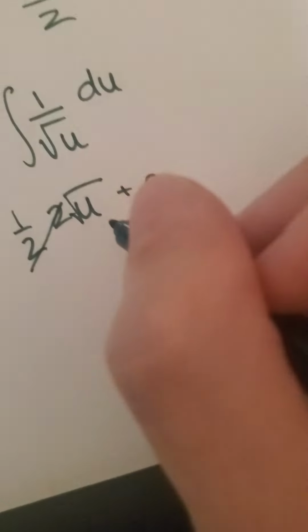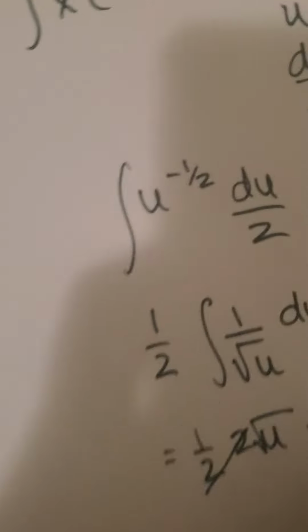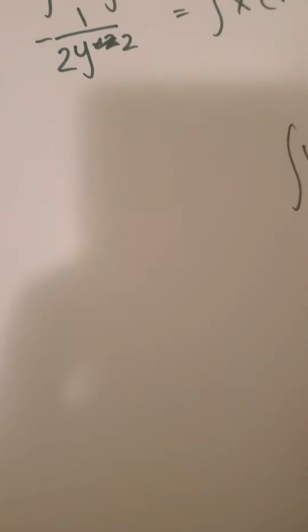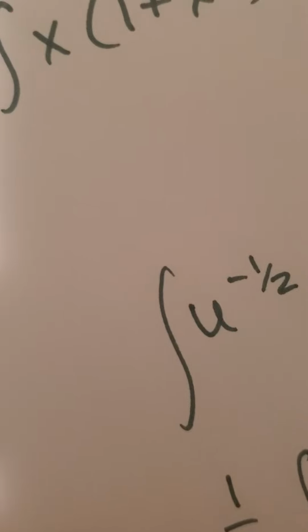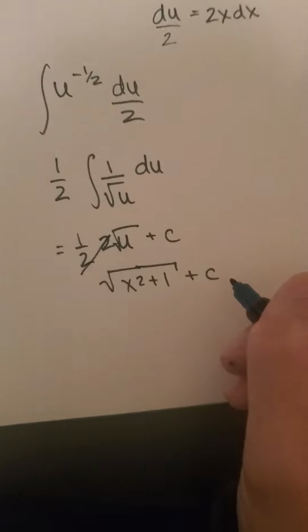These cancel out. And then, oh man, how do I adjust this? Square root of what our original u was, which is just what we wanted to get rid of, x squared plus 1 plus c. And we get this negative 1 over 2y squared.